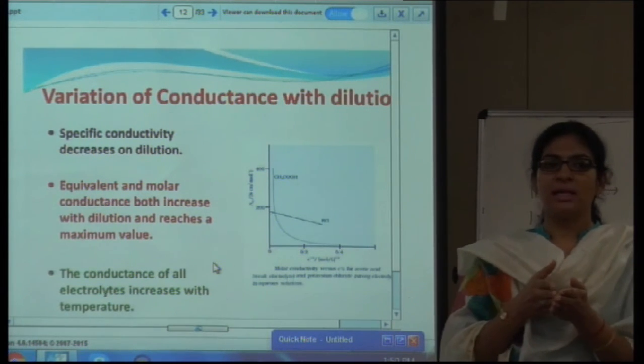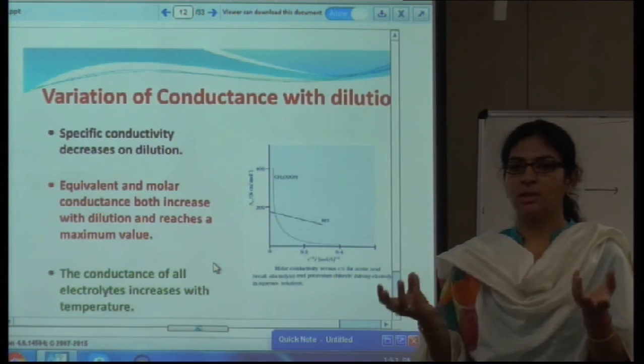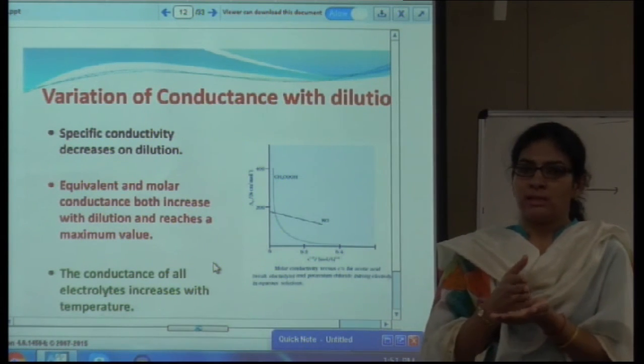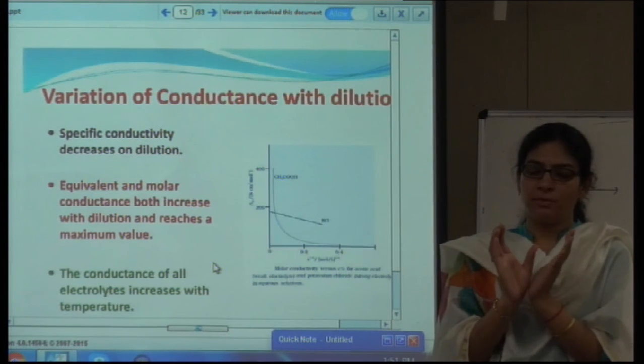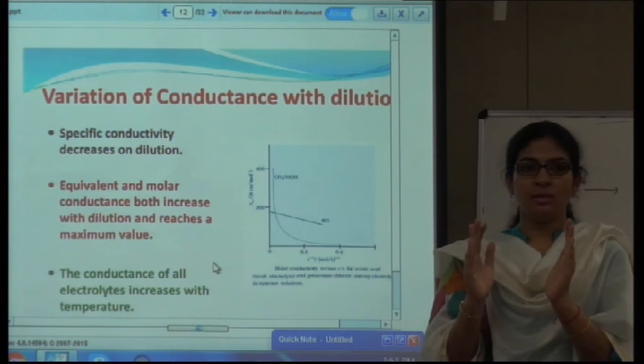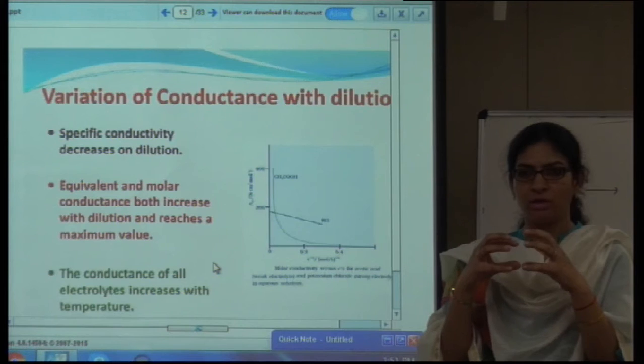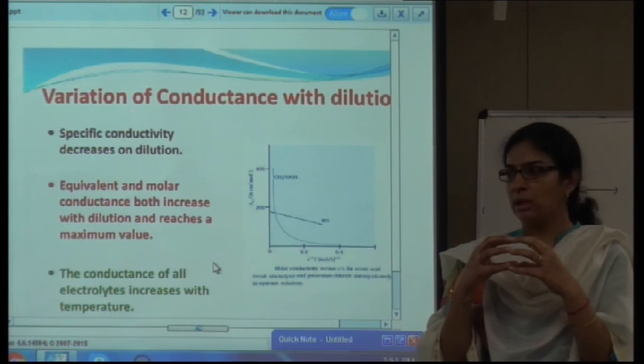The reason is that if you have a larger number of ions in a small volume, then the intermolecular interactions are strong, right?